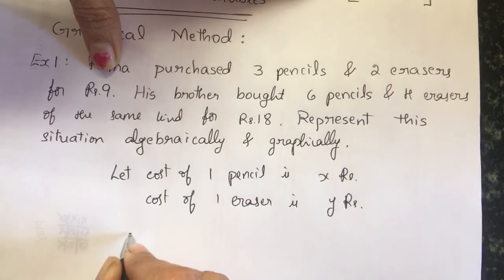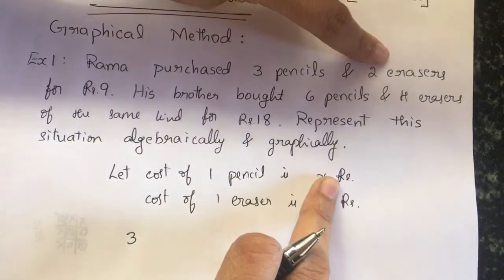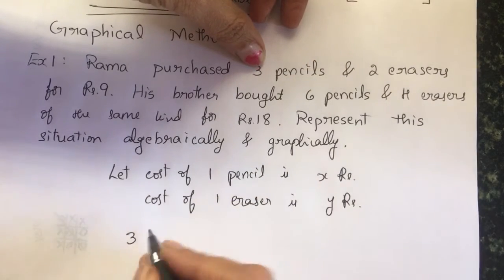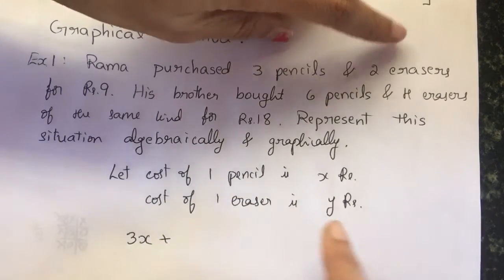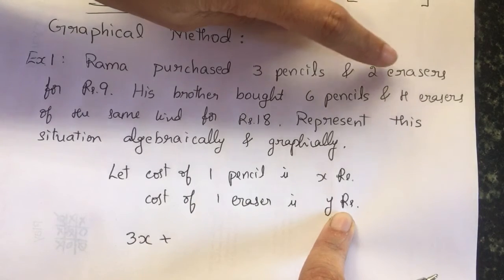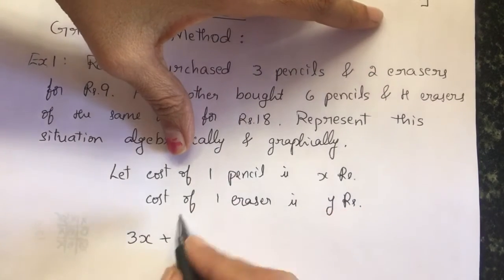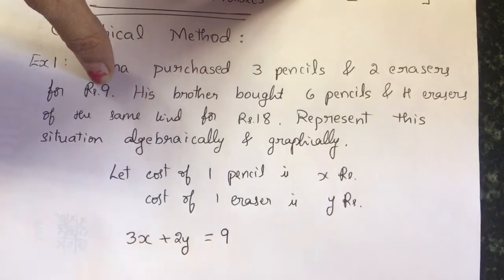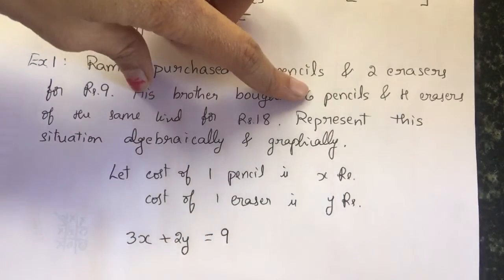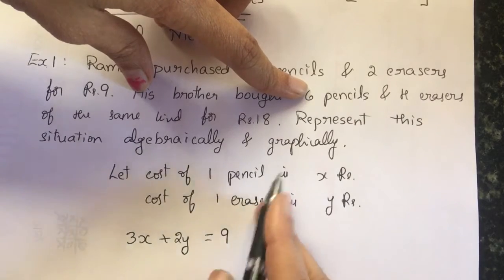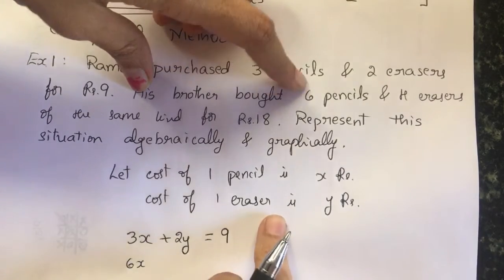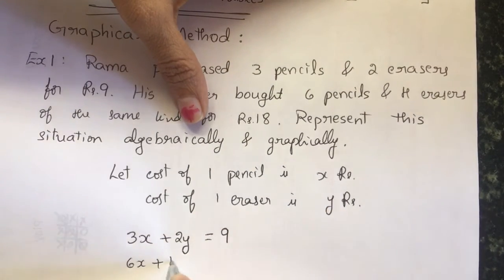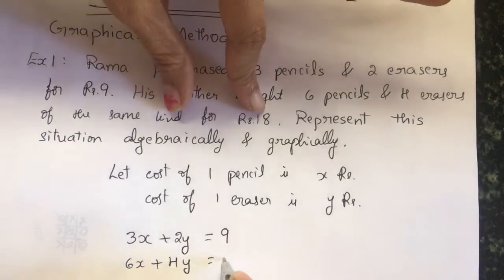So 3x plus 2y equals 9. And his brother took 6 pencils, so the cost of pencils is 6x, and he got 4 erasers, so the cost of erasers is 4y, for ₹18. So 6x plus 4y equals 18.